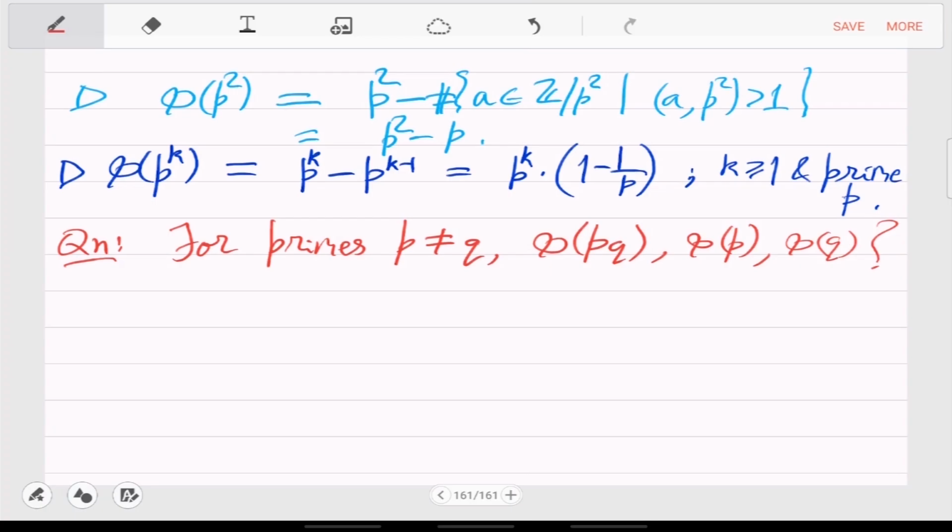So in case you have two different prime numbers, when your n is like this, p times q, how is phi of n related to its factors, that is phi of p and phi of q? Any guesses?